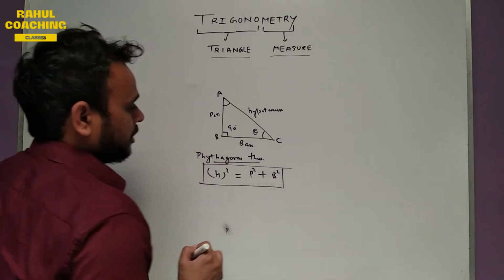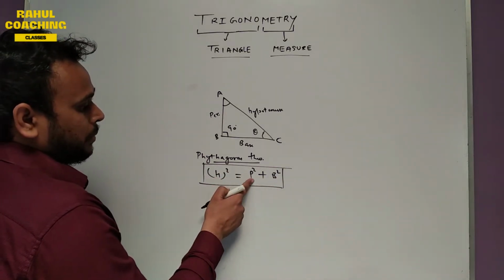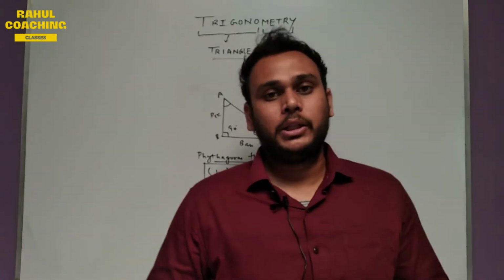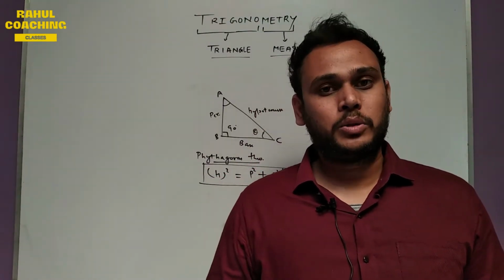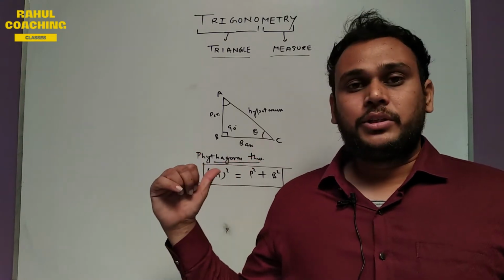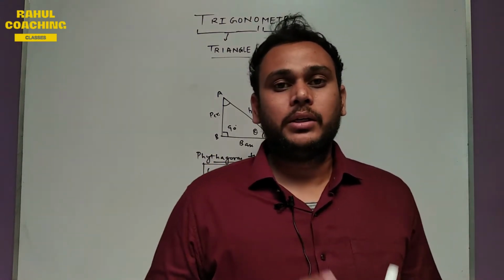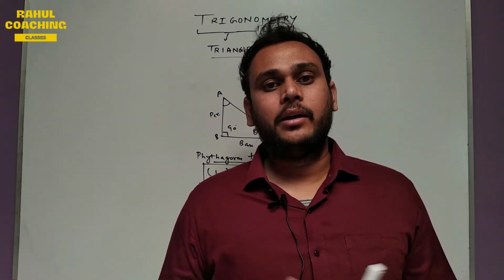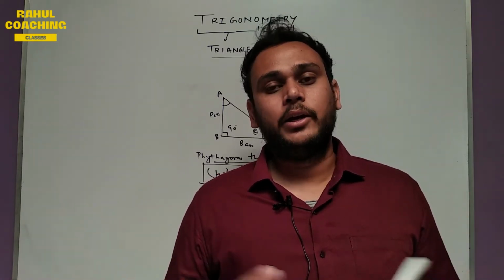This is the relationship between hypotenuse, perpendicular and base, and the relationship explained by the theorem is known as the Pythagoras theorem. Using this we can solve for any value. We can calculate any angle of the triangle and any side of the triangle.